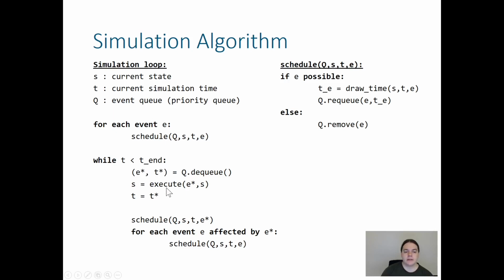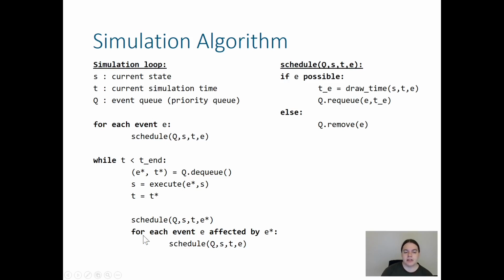And we execute this event and get a new state, and we set the time to this time we got the event scheduled to. Then we reschedule the event we just executed because it might have to happen again, and it's now no longer in our schedule. And then for each event that is affected by E, we have to reschedule it as well.